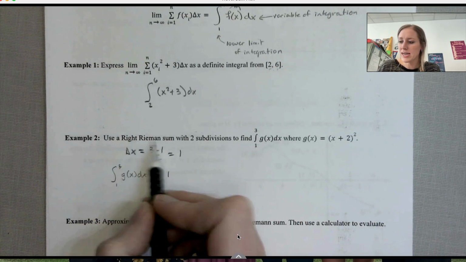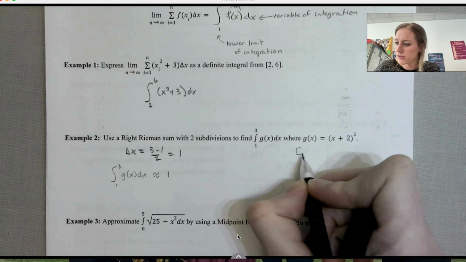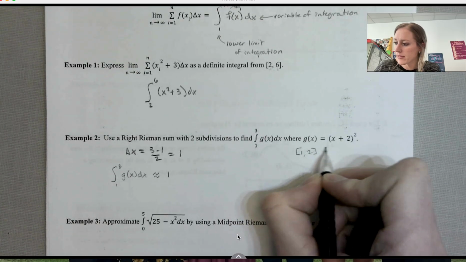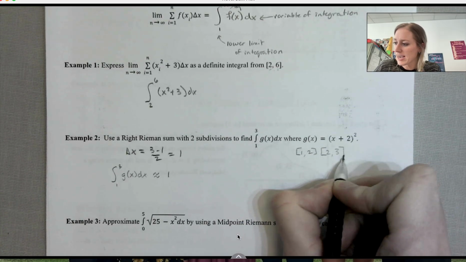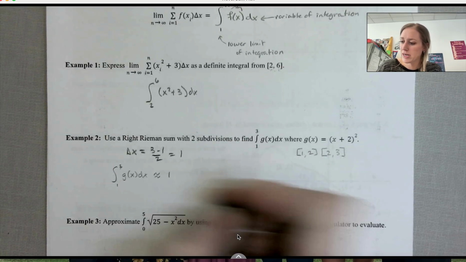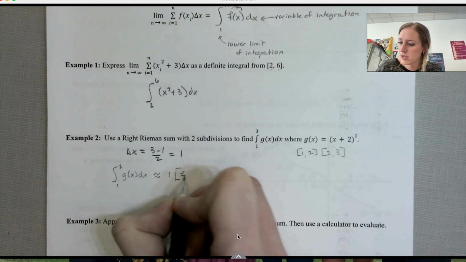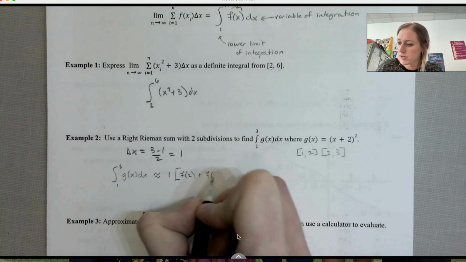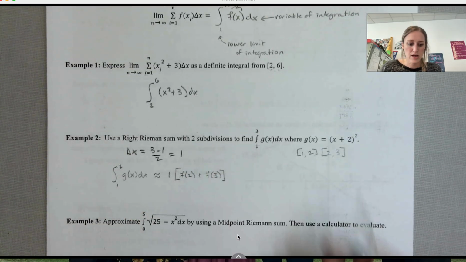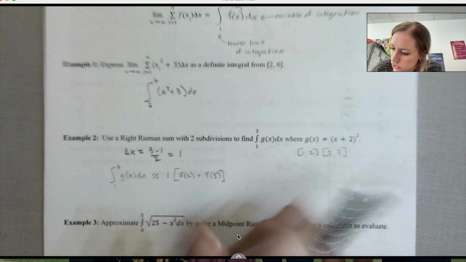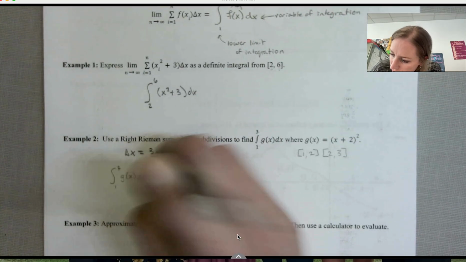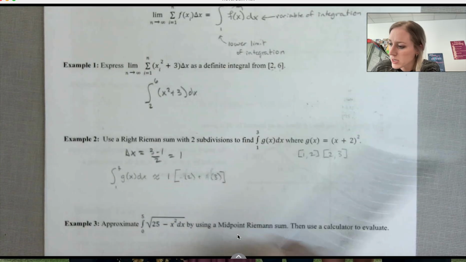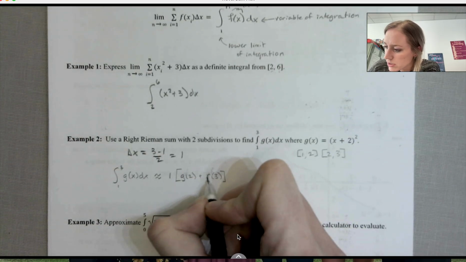And they want the right heights, so again, here are my intervals from 1 to 2, and then 2 to 3. So my right heights are going to be g of 2 and g of 3. So we've got 1 times g of 2 plus g of 3. Oh, sorry, I put f. This should be g because we are using g of x, not f of x on this one.